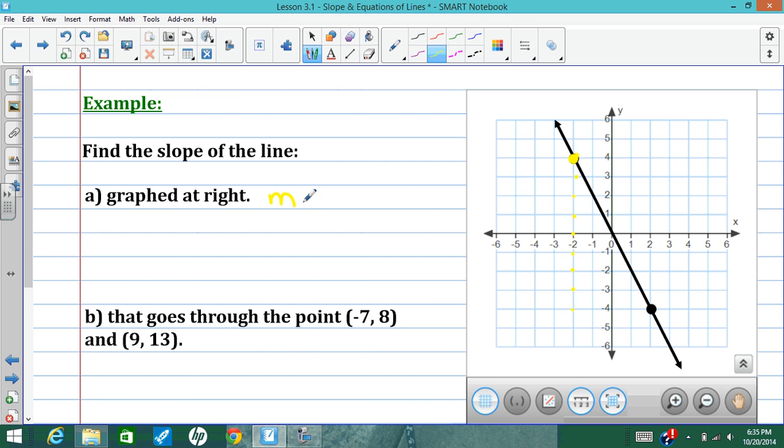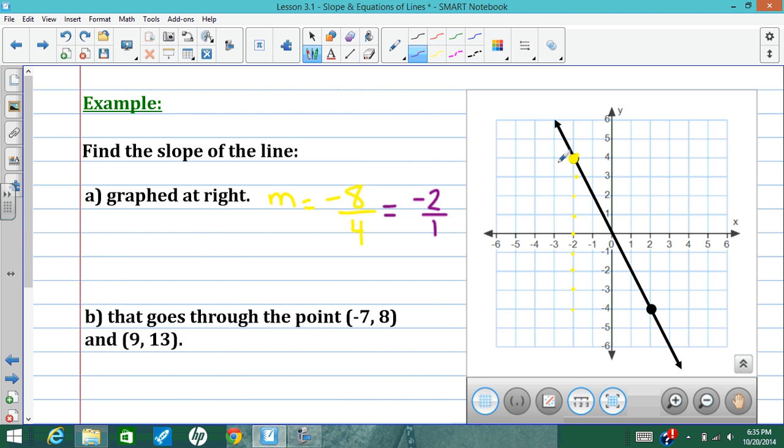So my rise is negative 8 because I went down. Then I count to the right 1, 2, 3, 4. That's a positive 4 because I went to the right. And I can simplify this. Negative 8 divided by 4 is negative 2, and I can say negative 2 over 1.